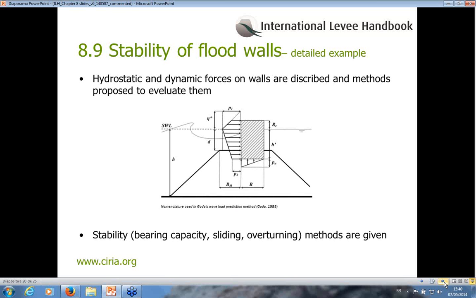Methods for assessing the stability of the T-walls as regards their failure modes are reviewed.